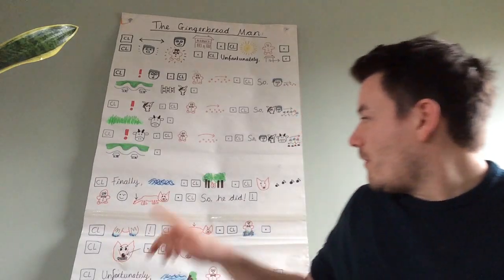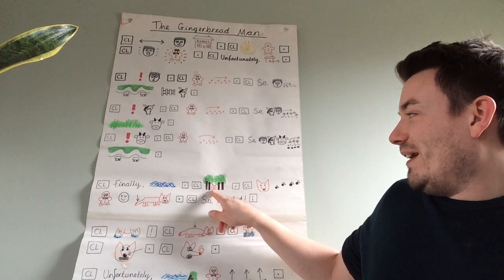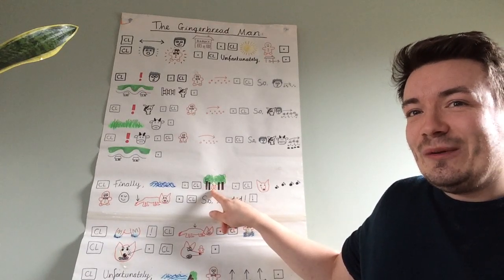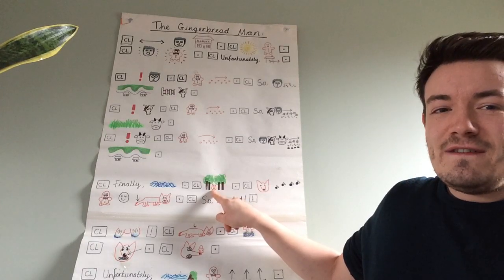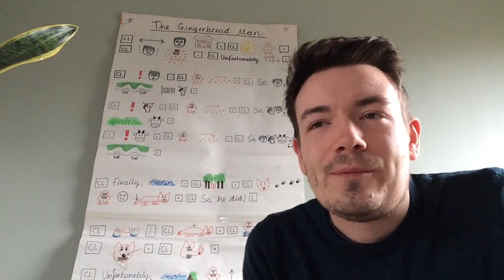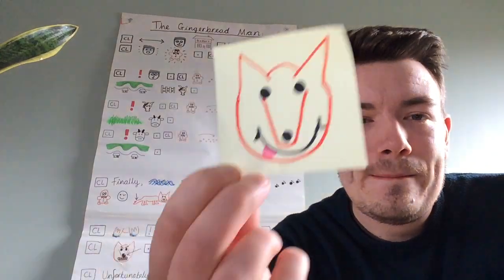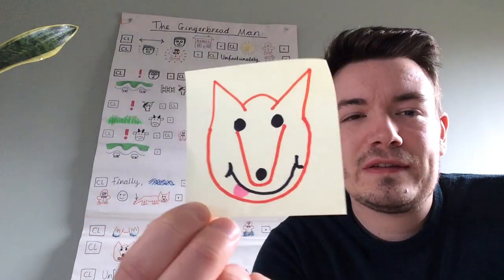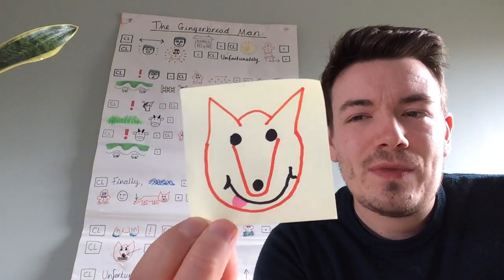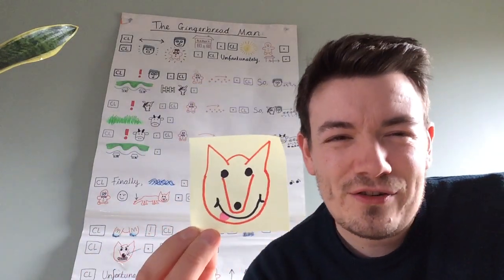Oh, then we've got our next bit where you might notice that hiding in the woods was a mean, sly fox. Now, our mean, sly fox, that word sly means that he's been a little bit crafty.